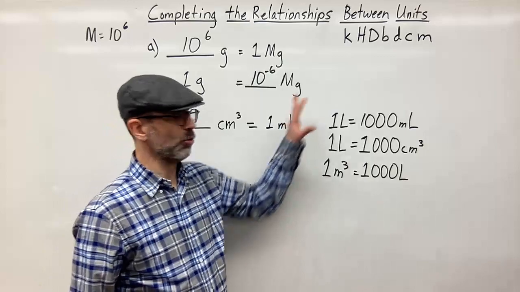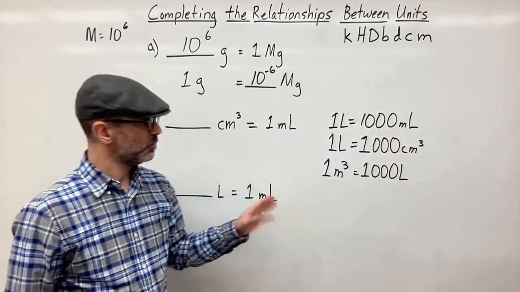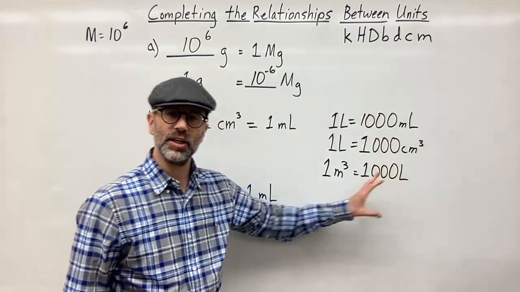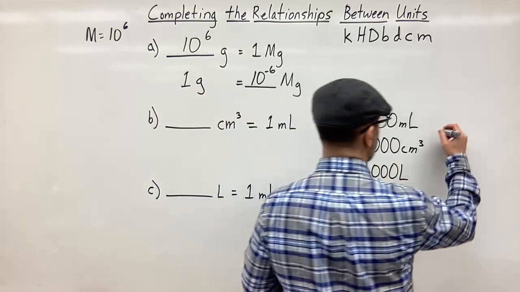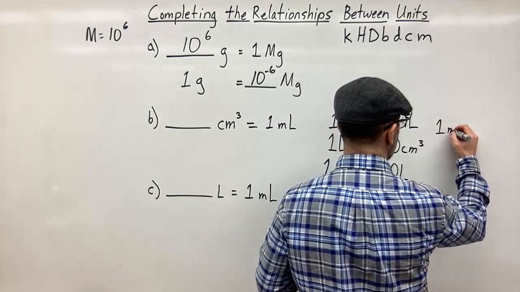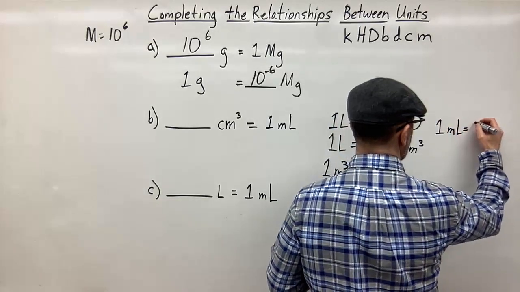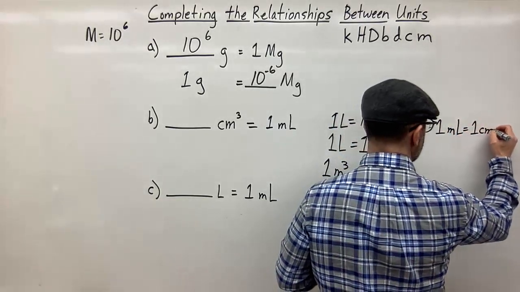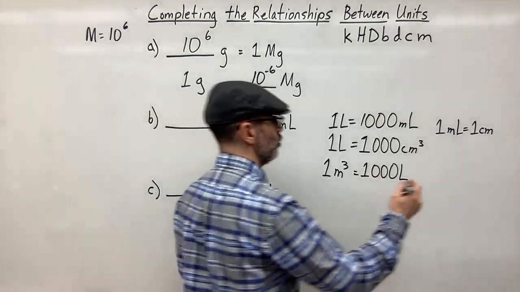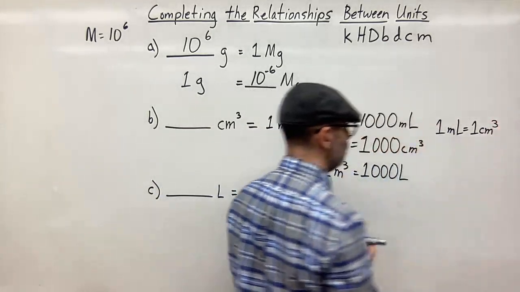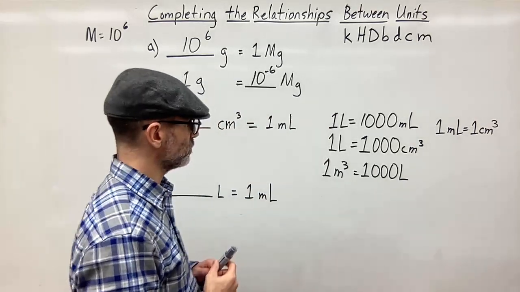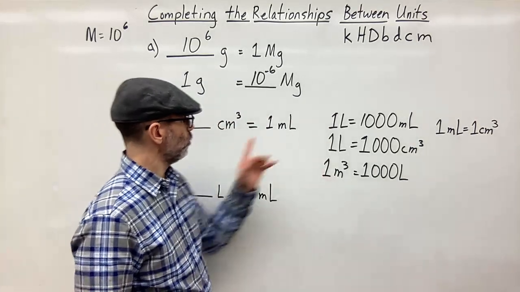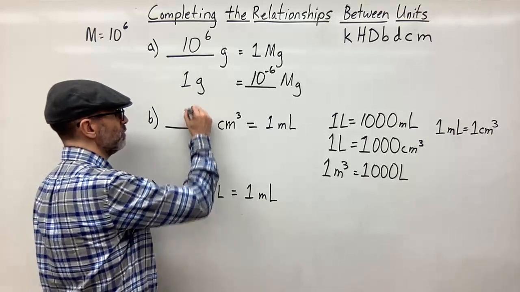Now, I'm not going to go through the math here, but if you put this together, what you end up realizing is that 1 milliliter is equal to 1 centimeter cubed. So the answer here is just 1.